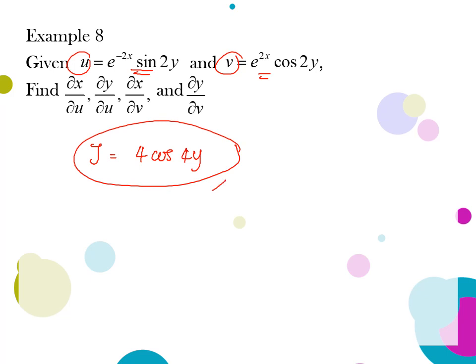Please take note that we have found the Jacobian for these two functions, the first and second function here, where the Jacobian is equal to 4 cos 4y. Now we will apply the second step. Apply the formula of finding del x del u, del y del u, del x del v, and del y del v.